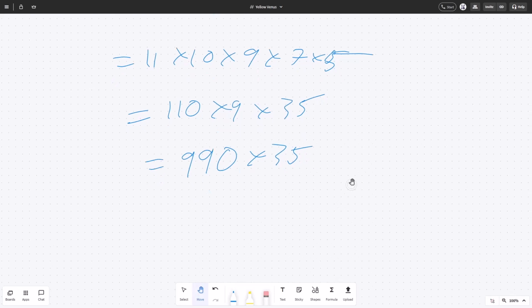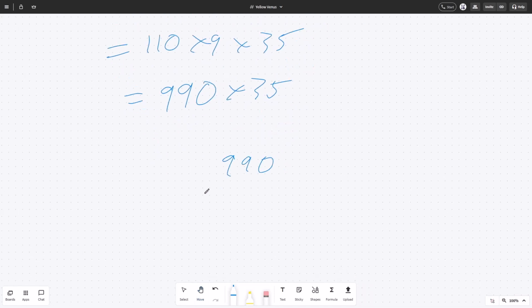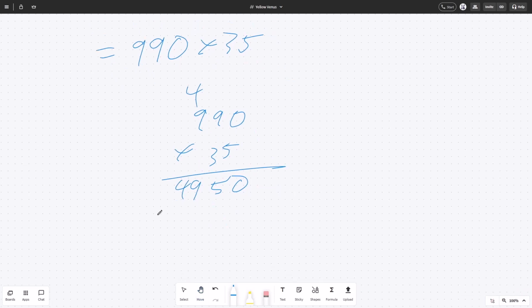So now we can do 990 times 35. We can do that. It's not too difficult. Working through the multiplication, we have the final number of 34,650. That is our final answer.